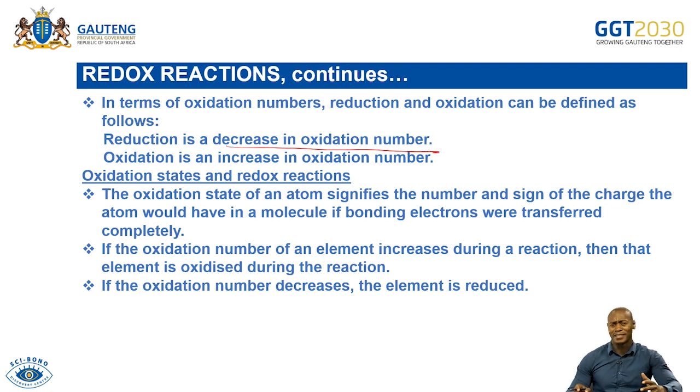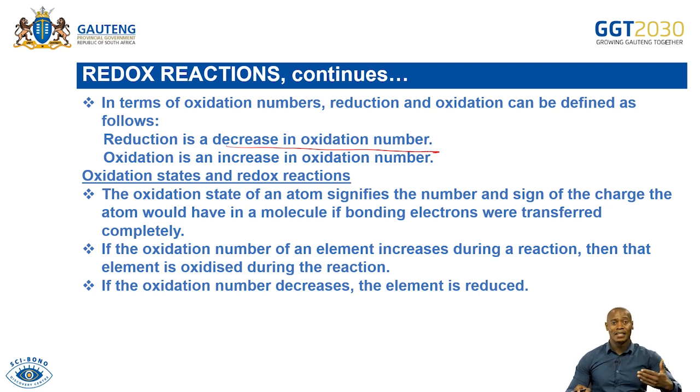I hope it's making sense. Oxidation and reduction are reactions. Although when we define them we don't say it's a reaction, you should know that those are reactions. We just say reduction, gain of electrons; oxidation, loss of electrons.